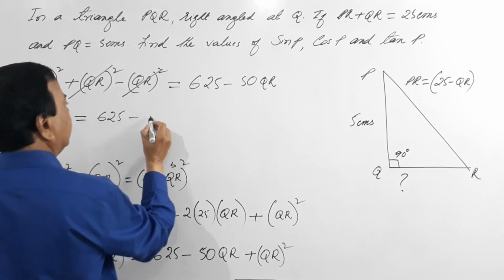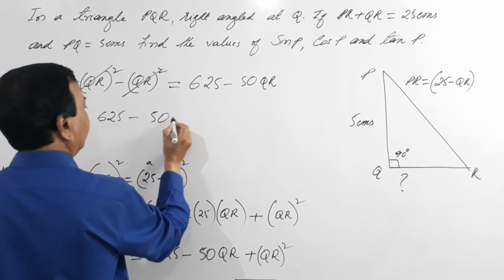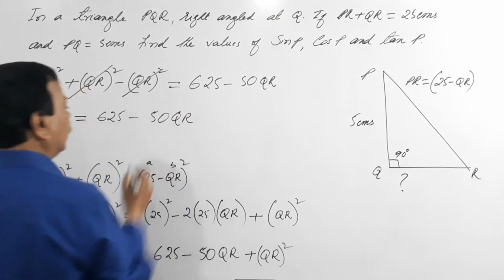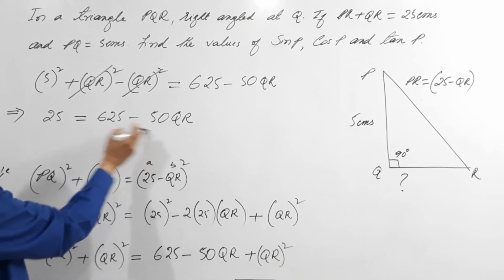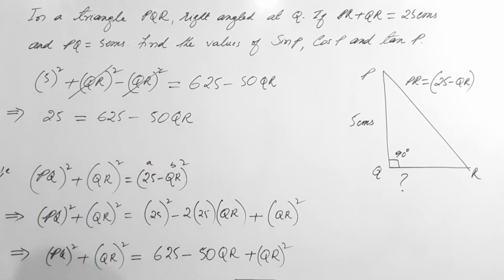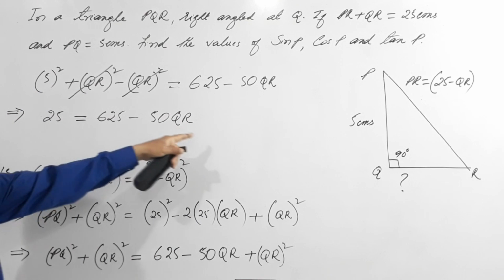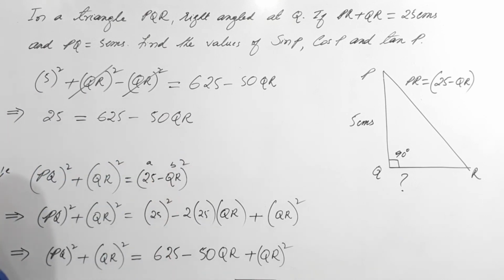So once it gets cancelled, 25 equals to 625 minus 50 QR. I'll bring this 50 QR to the left hand side, and I'll send this 25 to the right hand side. So that is equals to what?